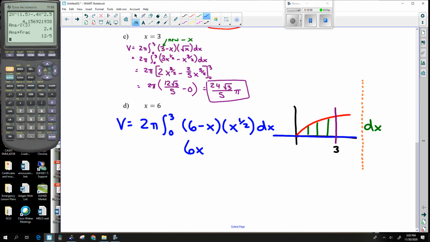Okay, so this is 6x to the 1/2 minus x to the 3 over 2. And it's just math, math, math from here on out. Just gotta make sure I did that. Yeah, that's 6.